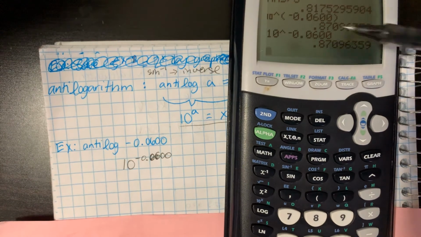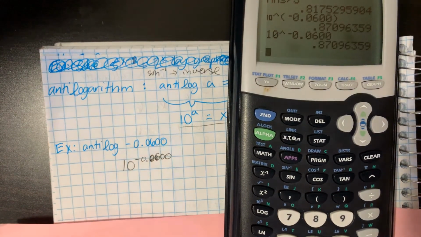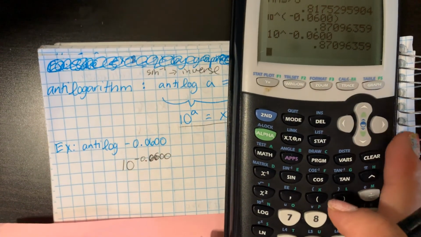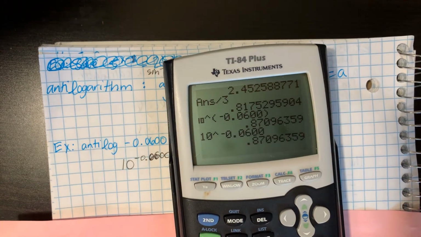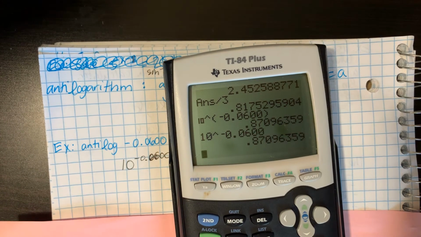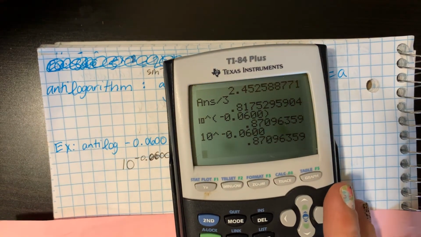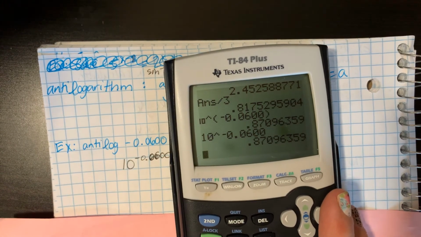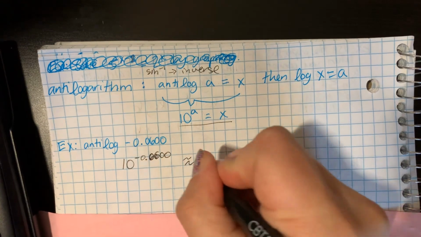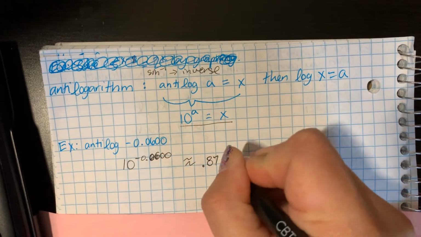We'll get the same answer. You can just do 10 to or use that button. So this answer is approximately this. On our logarithms in our homework today, they are rounded to 4 decimal places. So just round everything to 4 decimal places. So the answer to this one is 0.871.